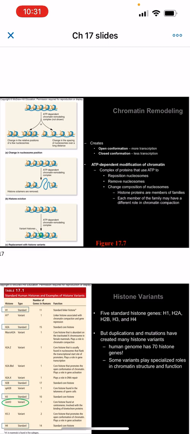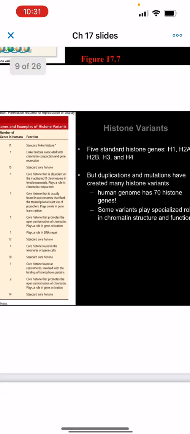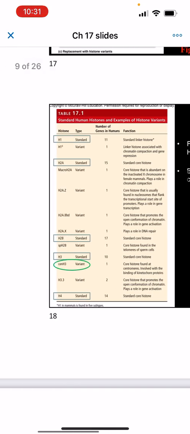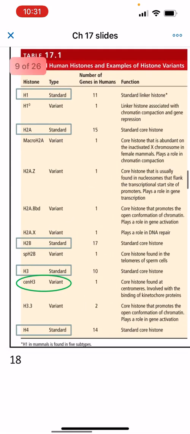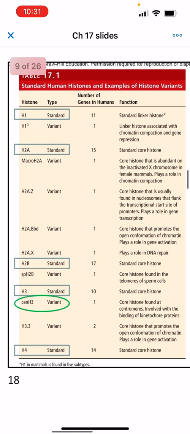So, we've talked about the composition of nucleosomes. They have H1, H2A, H2B, H3, and H4, right? And H1, remember, is the linker. And then there's two copies of H2A, H2B, H3, and H4 in the nucleosome.